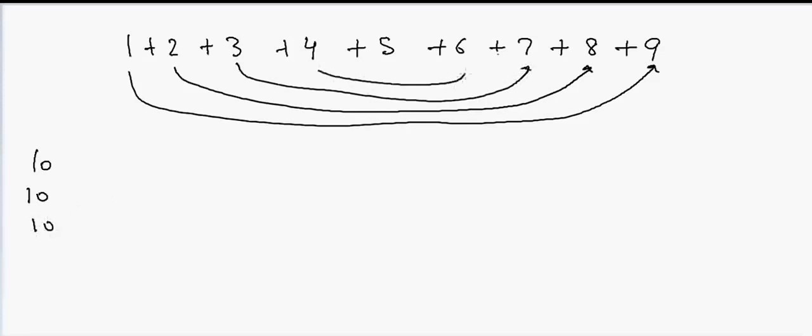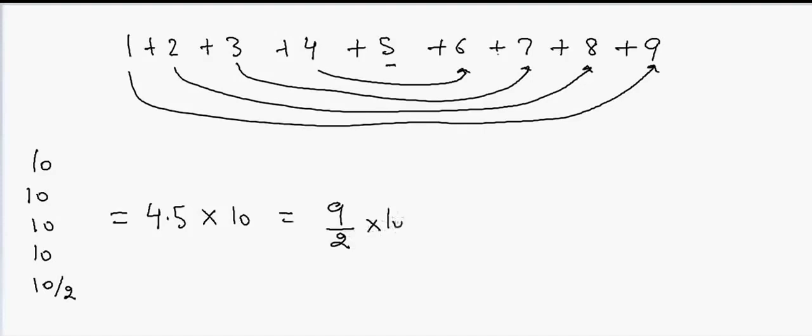Then we can add 4 and 6 here, so we get one more 10, and then we are left with a 5, which is a half of a 10, so 10 divided by 2, you can say. So total we have 4.5 into 10, so we have 4 tens and half of a 10, so that's 4.5 into 10. So again, if we look here, that will be equal to 9 divided by 2 into 10.